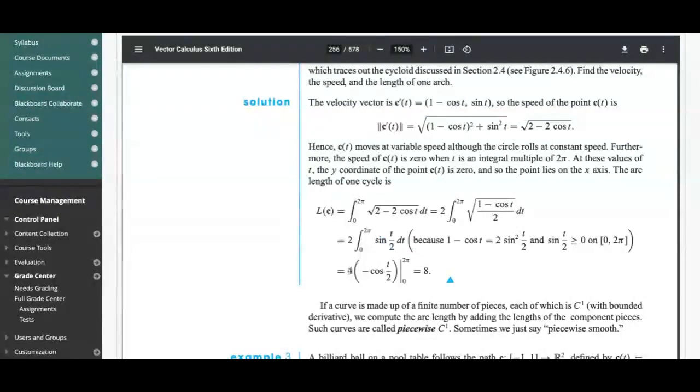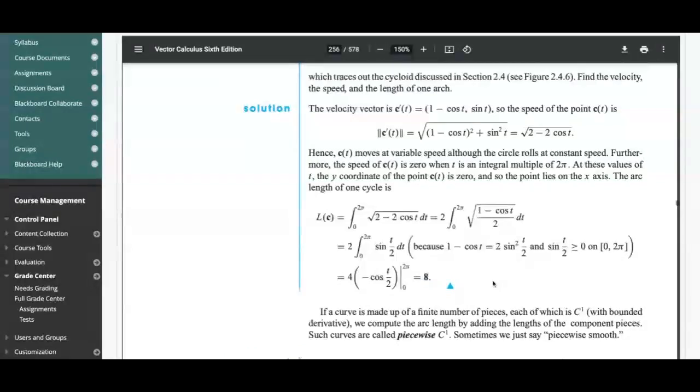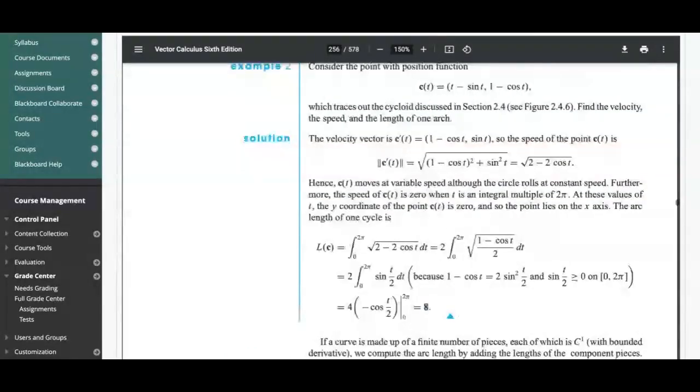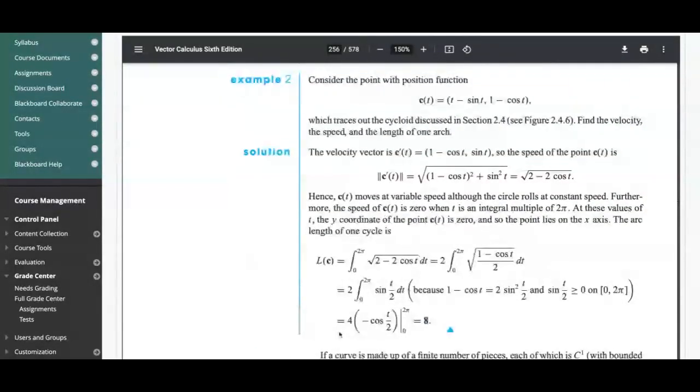So 2 times 2, that's 4. So the integral of sine of t over 2 is negative 2 cosine t over 2. We evaluate from 0 to 2 pi. In the end, we get 8. So the arc length is 8. Any questions?